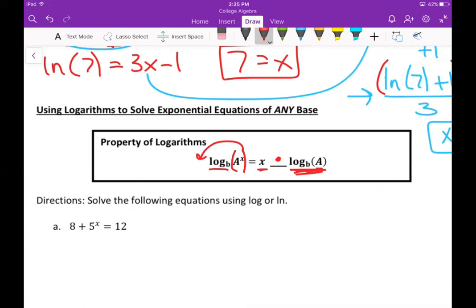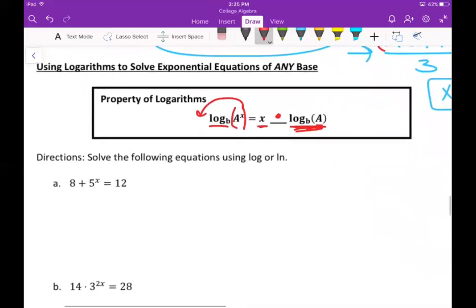Obviously, this is going to be a little easier to see in an example. So let's do one. We're going to solve these equations, and it doesn't matter whether you use log or ln. We pick those because those are the ones the calculator can evaluate. We need them here because we have a base 5, and we aren't going to be able to solve for this very easily.